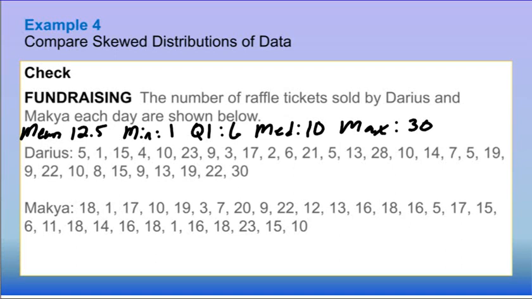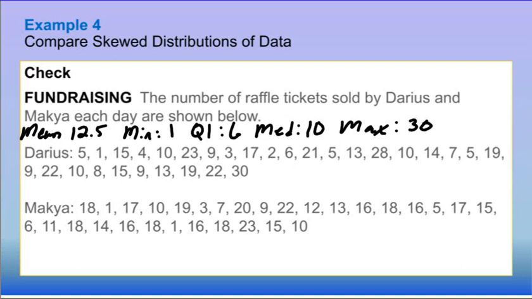So we have the mean, the minimum, quartile 1, the median, and the maximum for Darius: the mean is 12.5, the minimum 1, quartile 1 is 6, the median 10, the max is 30.